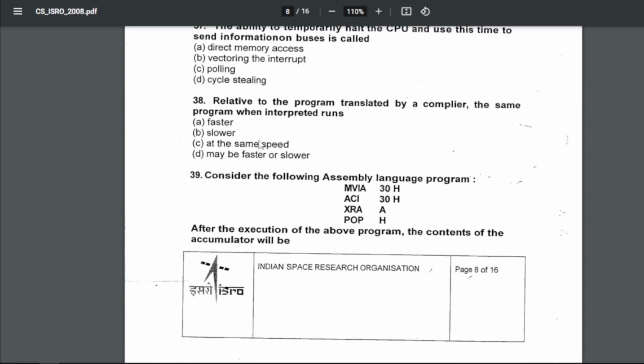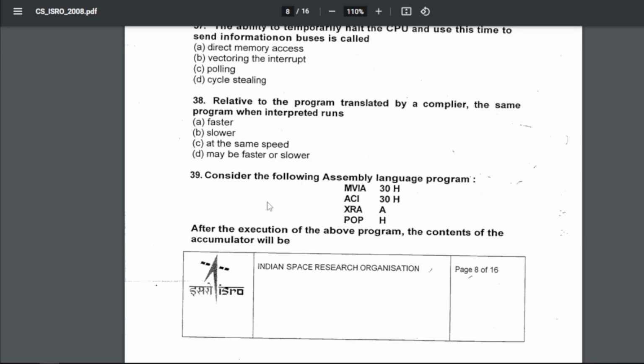Question number 38: relative to the program translated by a compiler, the same program when interpreted runs what? The same program when interpreted runs slower, right? That is obvious, because the interpreter translates the program one statement at a time.